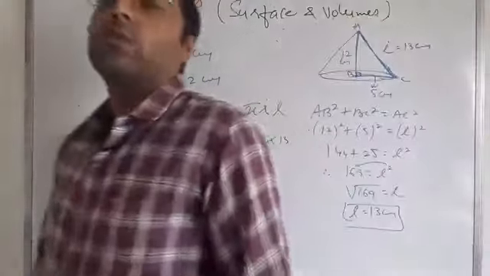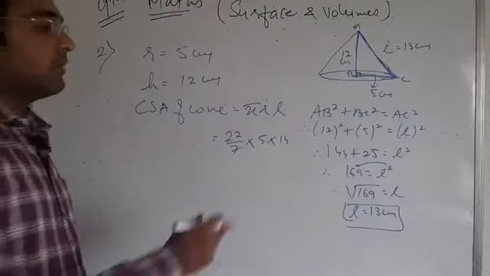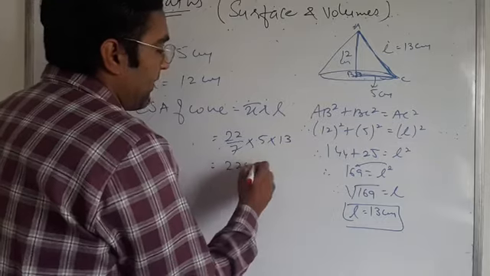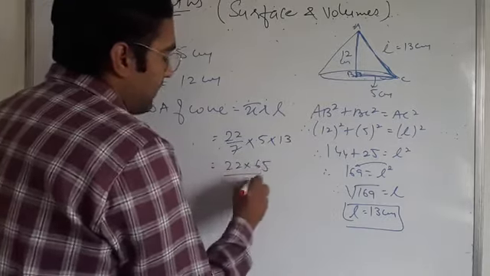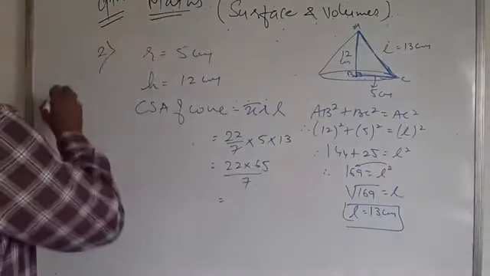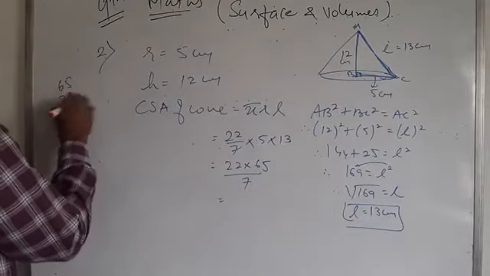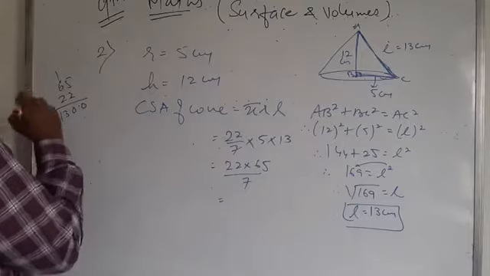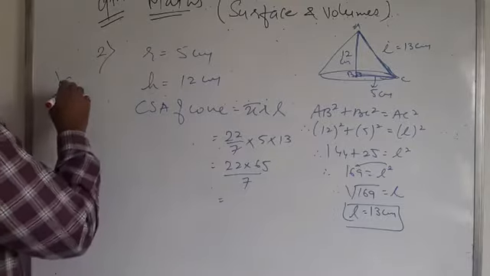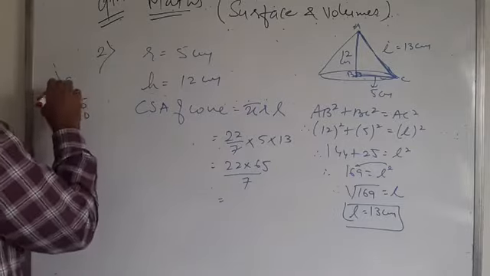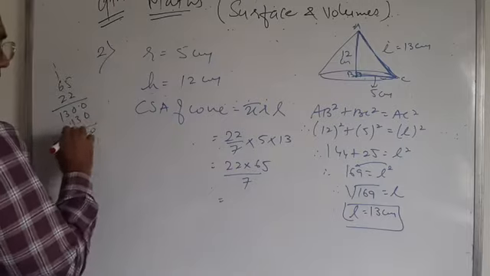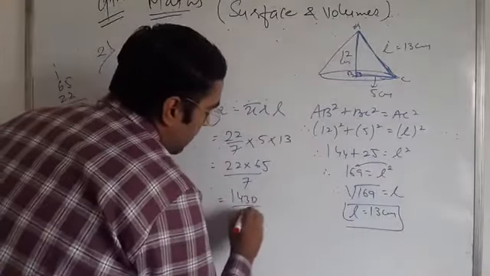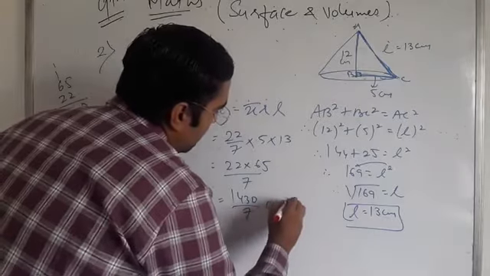Now we have to calculate that. So 22 into 13 into 5, that is 65 by 7. So my answer is 65 into 22, that is 1430 by 7 centimeter square.